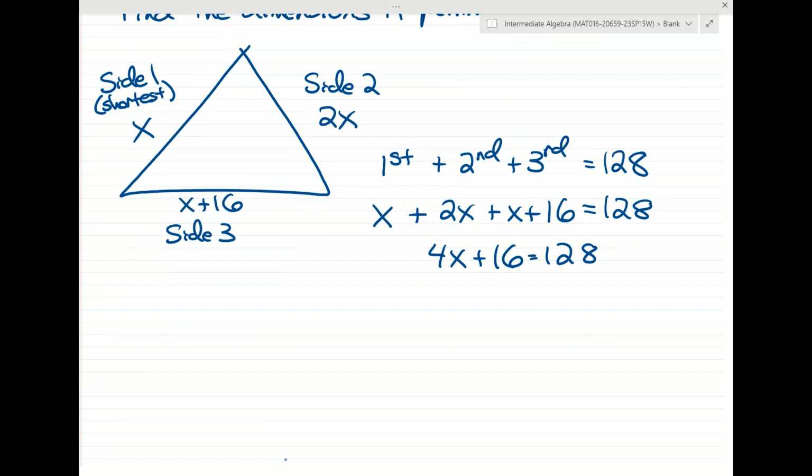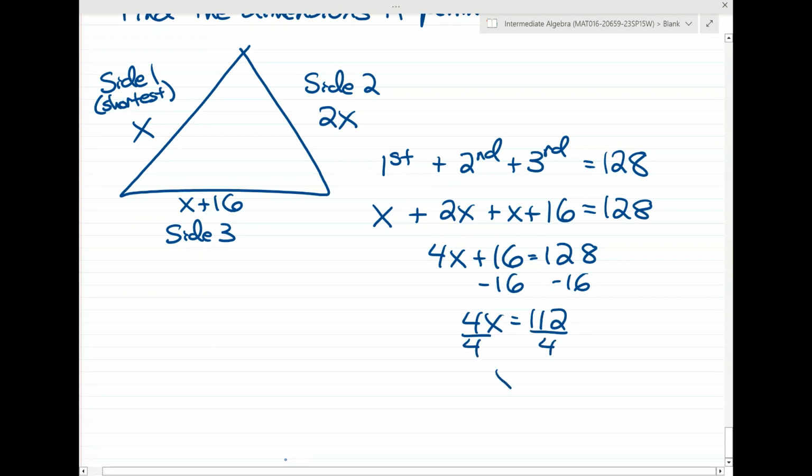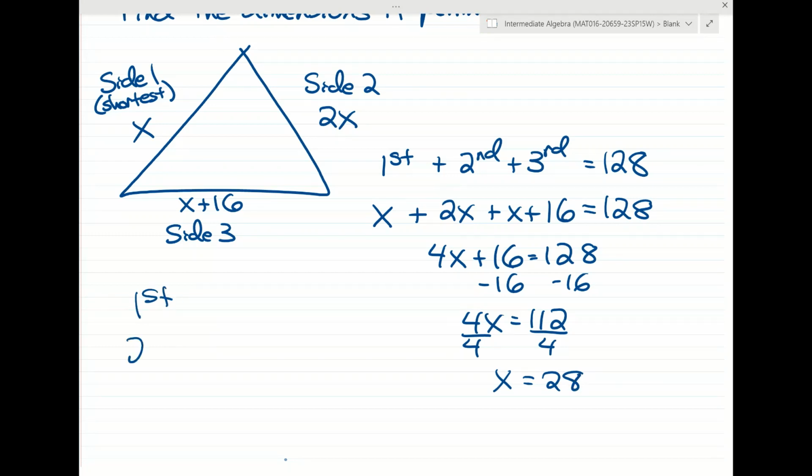Then 128 minus 16, and then dividing by 4 is 28. Okay.